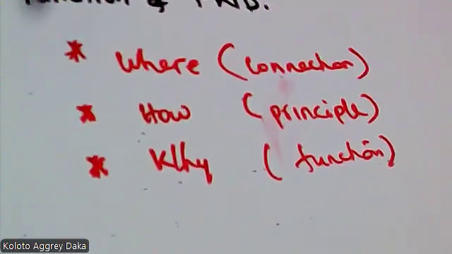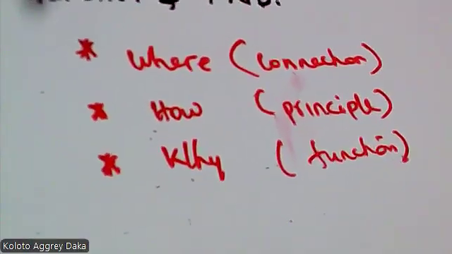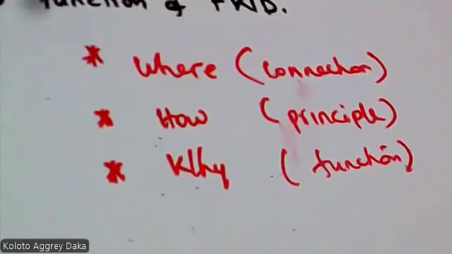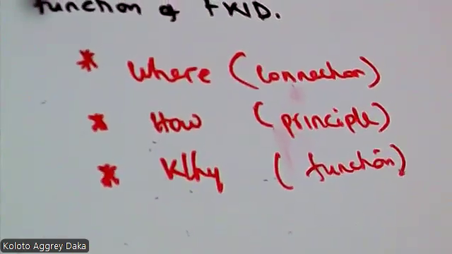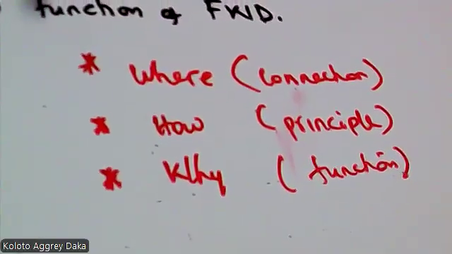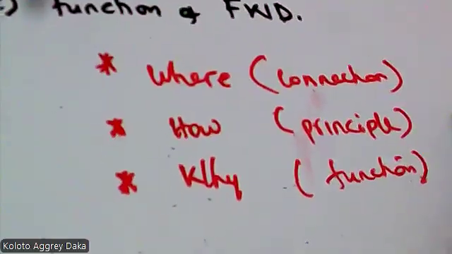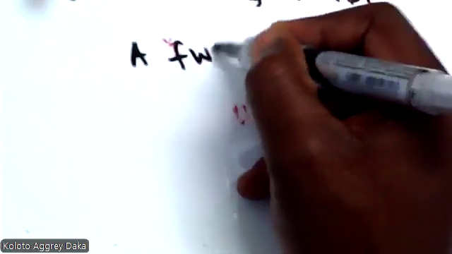Okay. So, having said that, can we now explain the function of a freewheeling diode in controlled rectifiers? So I'll start like this.